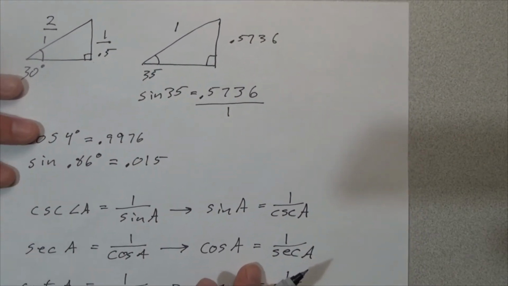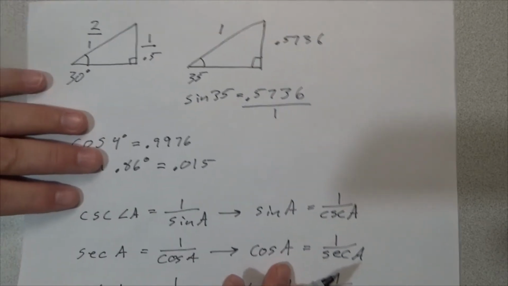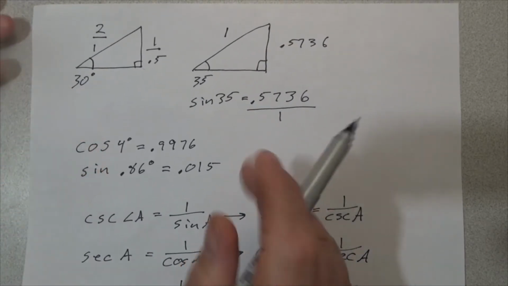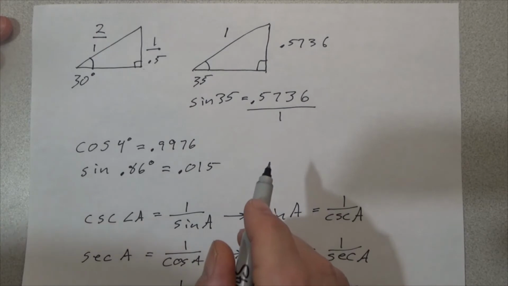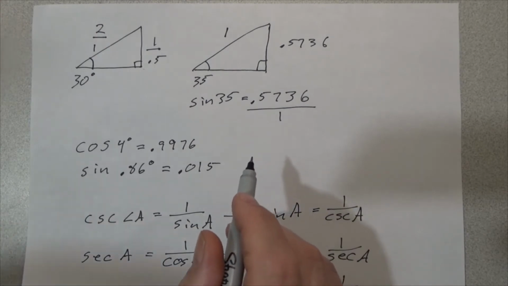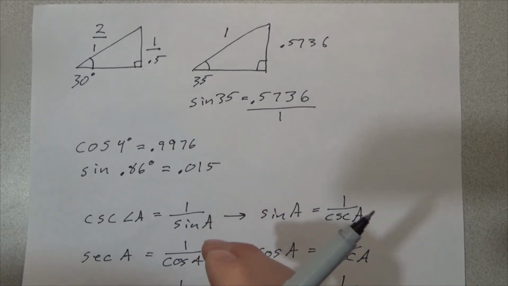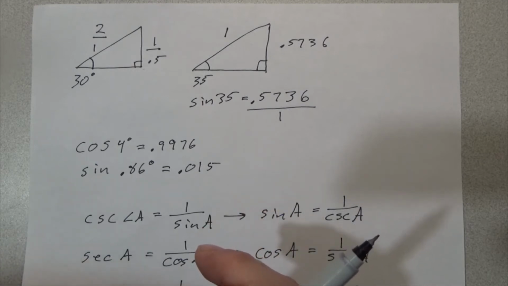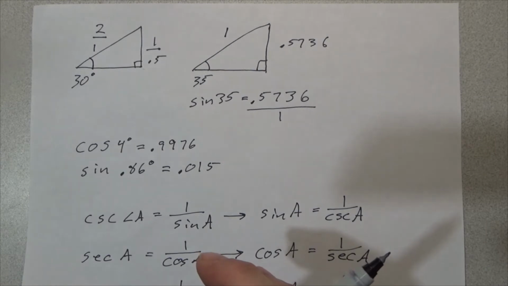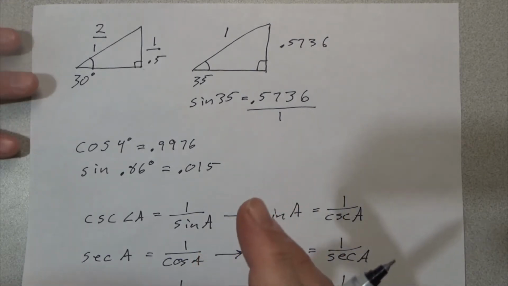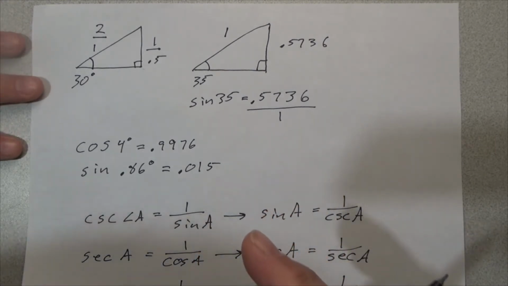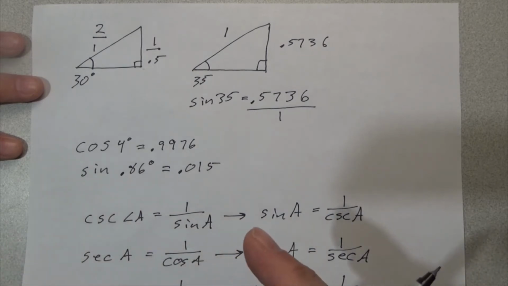Now, you do not have on your calculator a button for cotangent, cosecant, and secant. That negative sign above the sine, the cosine, and the tangent, that does not mean inverse, okay?